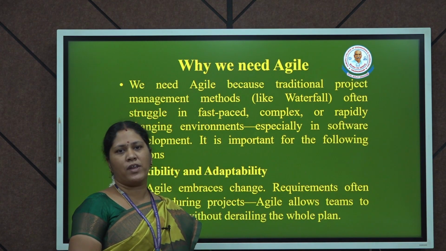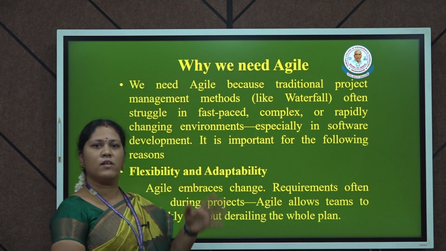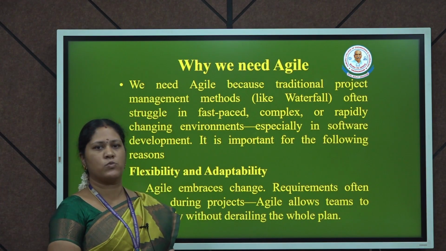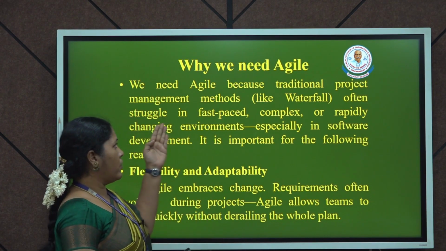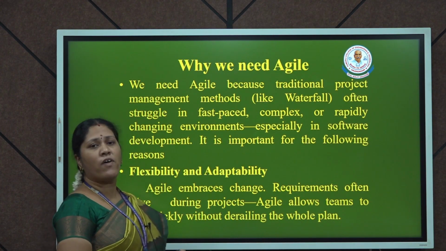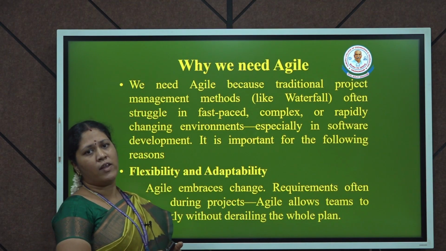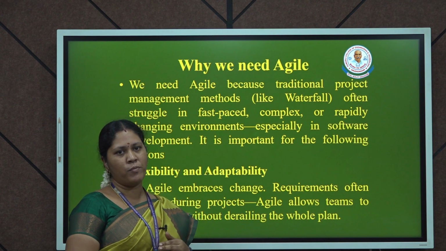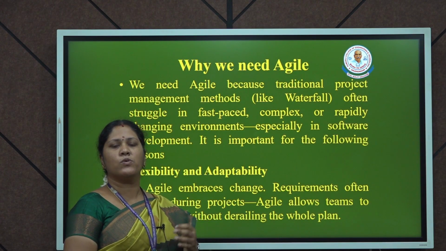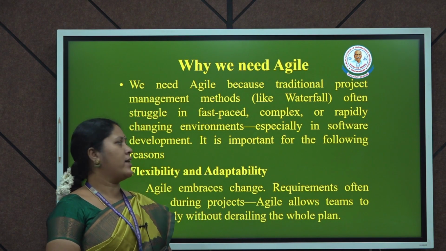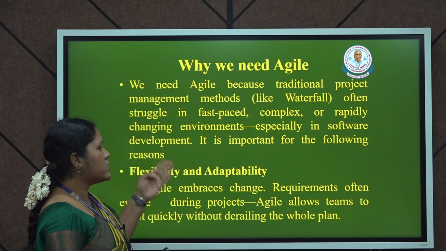Agile is very important because the traditional models of software development, such as the waterfall model, struggle in a fast and complex changing environment. In our environment, requirements are changing faster. To cope with that, we need a tool that is called Agile.